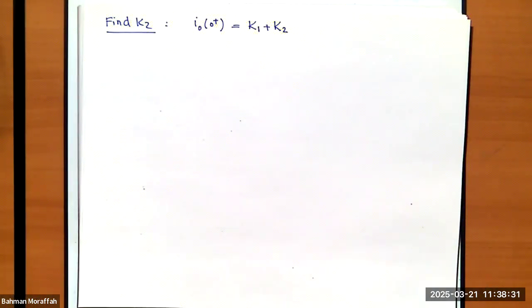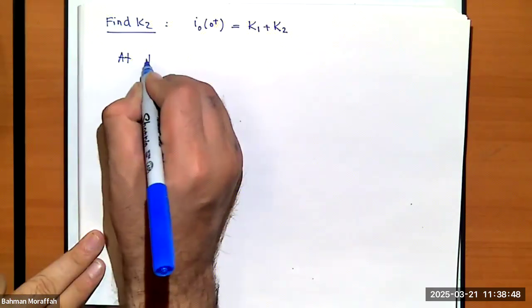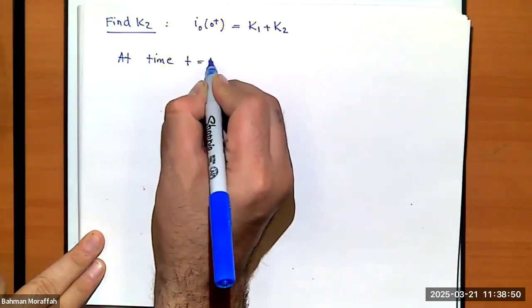But how do we do this? We know I naught is not continuous. So instead, we're going to look at the circuit at time 0 negative and find VC or IL at time 0 negative.